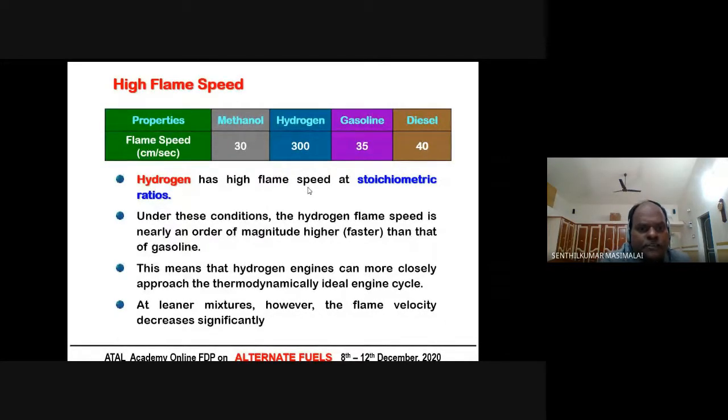Flame speed is how far the flame travels per second after the ignition.